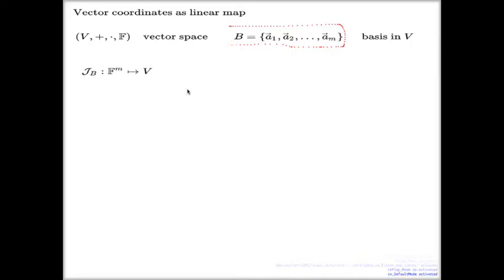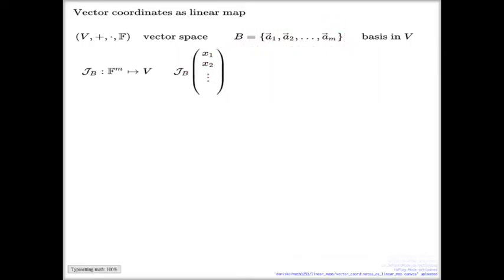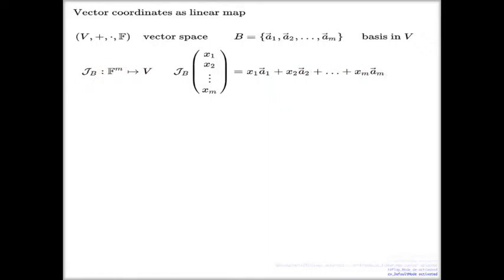The formula we have is like this. If you take an m tuple from here, the action of J on this m tuple will be just a linear combination of the elements of the basis with the coefficients from the m tuple. On Thursday, we proved that this is a linear map. We made an effort and we did this.